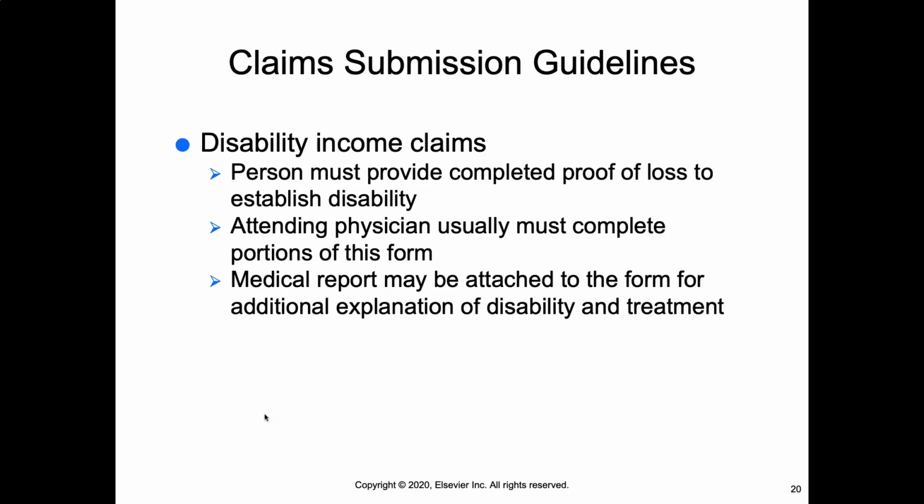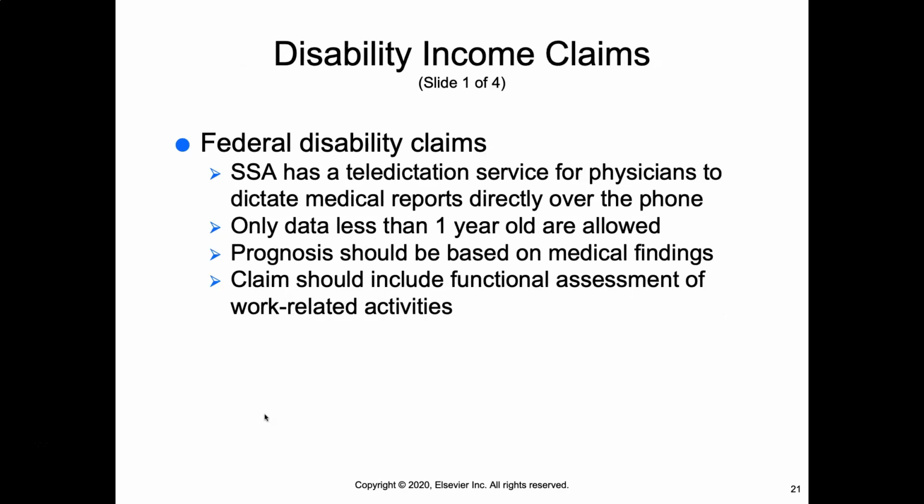It does give you a couple of examples of forms. Pages 198 and 199 give you an example of a claim for the state of New York. They're going to want the attending physician to complete the form, and medical reports attached to verify and explain the disability and the treatment.